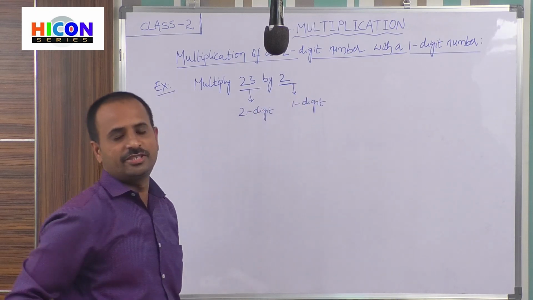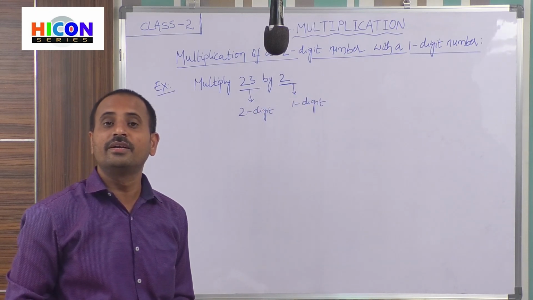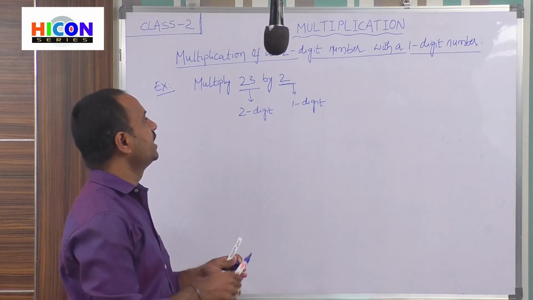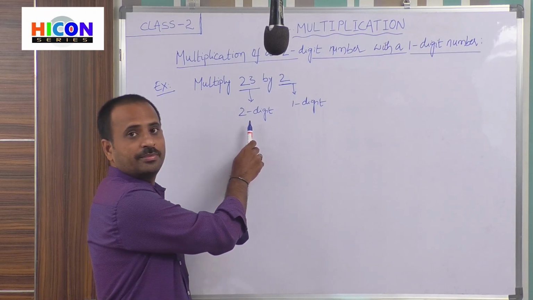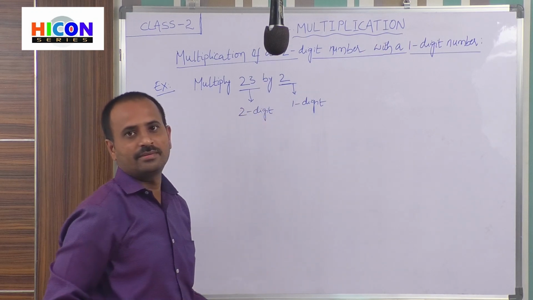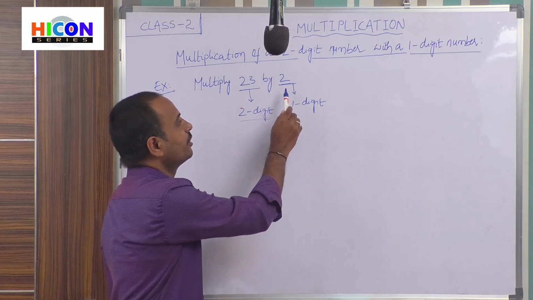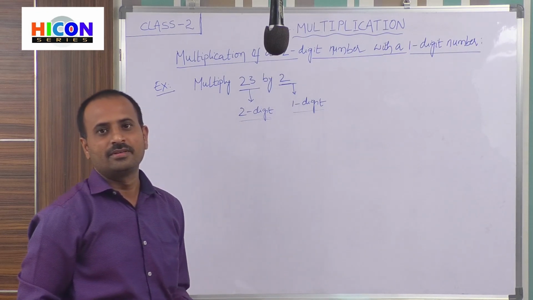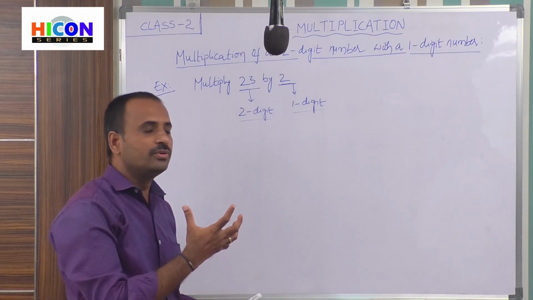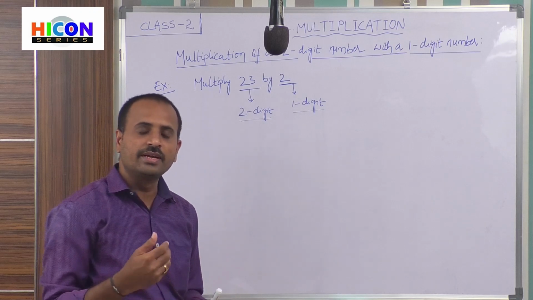Now we are going to learn how to multiply a two-digit number with a one-digit number. Here 23 is a two-digit number and 2 is a one-digit number. So let us start how to do this multiplication without carrying.